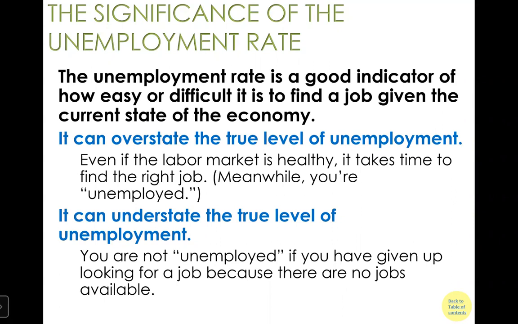There are two possible biases if we only look at the unemployment rate. Number one, it could overstate the true level of unemployment. Why? Even in a very healthy labor market, it takes time for people to sort out the right job. Think about a college graduate.